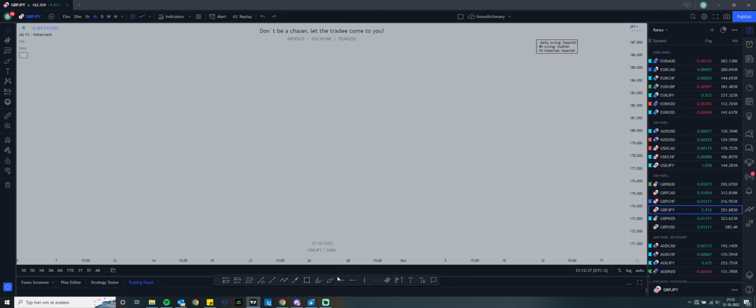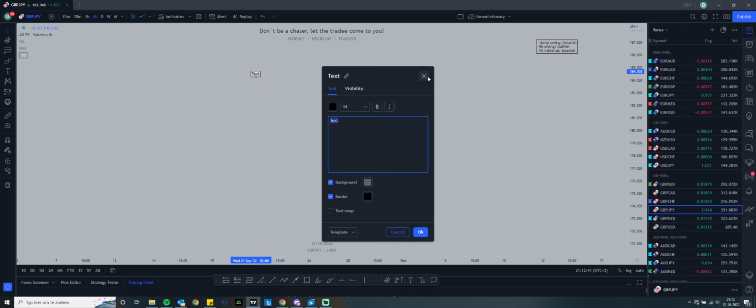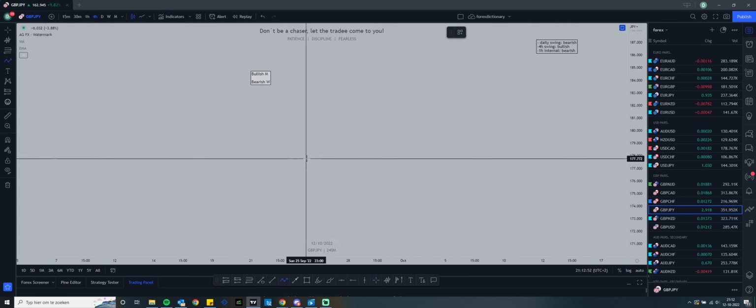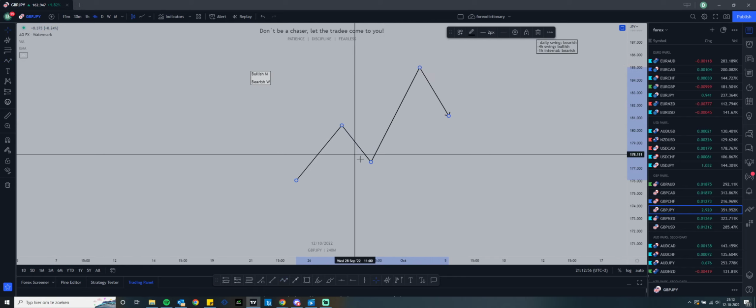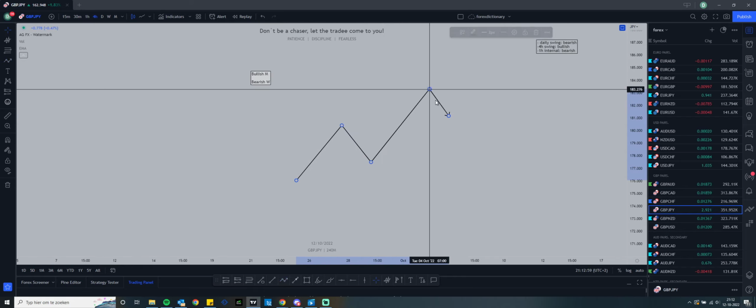So I always talk in two letters. Actually, you have a bullish M, or you have a bearish W. So that means in an uptrend, bullish, we have an M pattern. It's a bit of a crooked M, but hey, you get the picture.